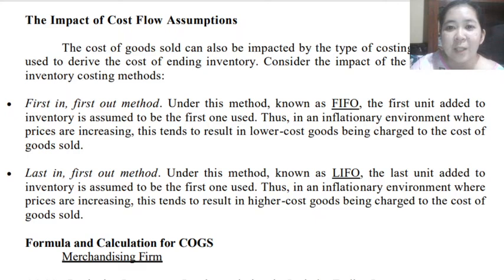So in effect it will have an opposite effect compared to first in, first out. In this case, in an inflationary environment where our prices are increasing, the cost of goods sold would be higher.